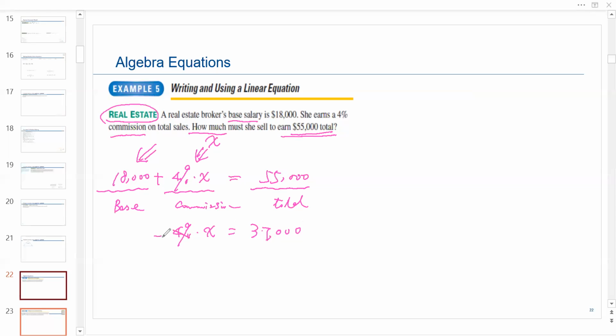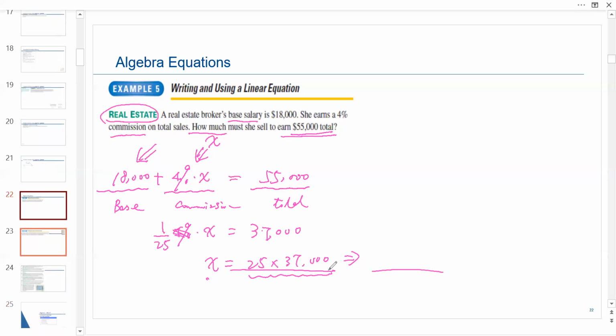You can rewrite 4% as 4 over 100, which equals 1 over 25. So X equals 25 times 37,000. I leave this answer to you to calculate, so this one you can get easily. X is the total sales. All right, any question on this part?